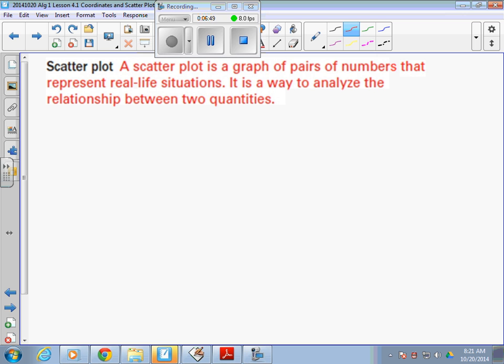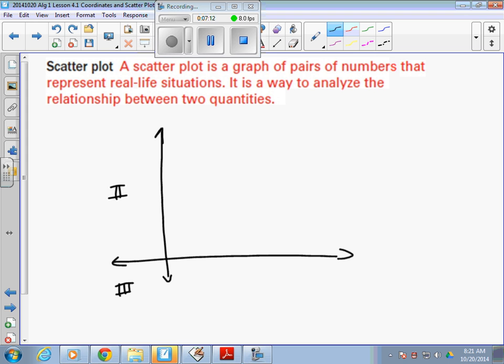And then a scatter plot is a graph of pairs of numbers that represent real life situations. It's a way to analyze relationships between two quantities. So if you have the same Cartesian, the same coordinate plane, notice I kind of took out the second quadrant because I'm not going to use it, and I took out the third and the fourth quadrant.